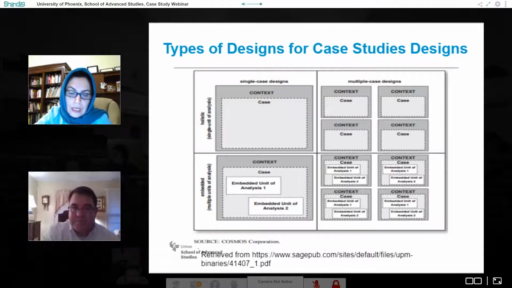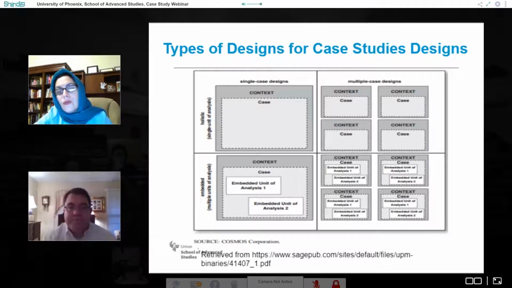The first one is policy. The second one is the employees. So when we have only one case, the case and unit of analysis is the same. There is one thing. But once we switch to more than one case, basically each unit of analysis would be like one case would end up with 2 units of analysis.